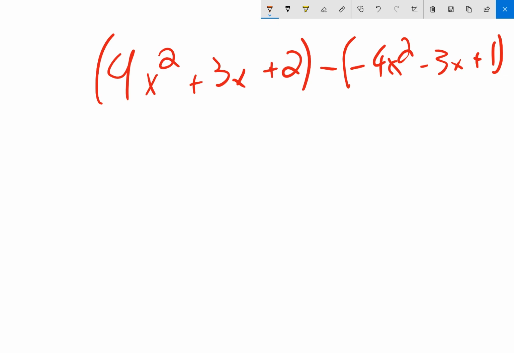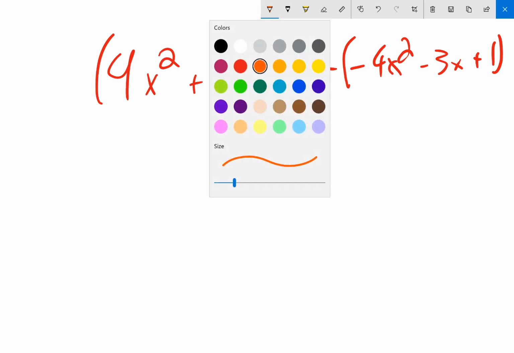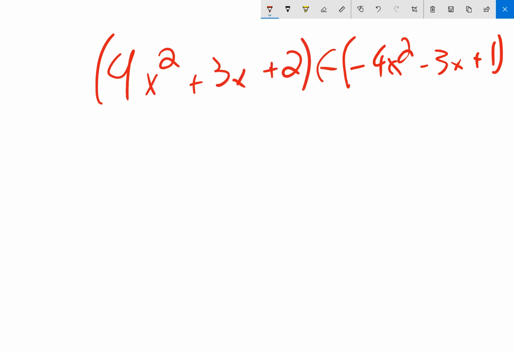Now, when it comes to a minus problem, a subtraction problem like this, you're subtracting all of these terms. So in a sense, you're subtracting a negative 4x squared. You're subtracting a negative 3x, and you're subtracting a positive 1, which I ran out of screen for. But that's what you're doing. You're subtracting all 3 of these.